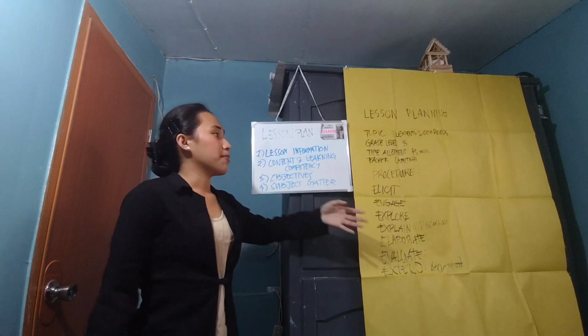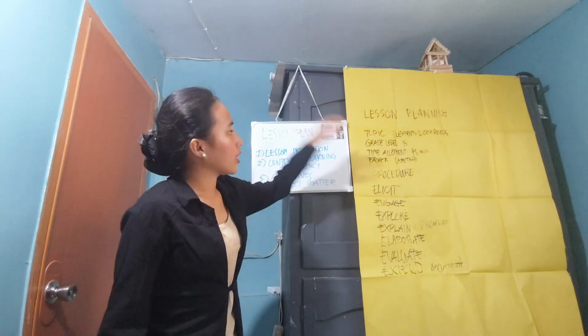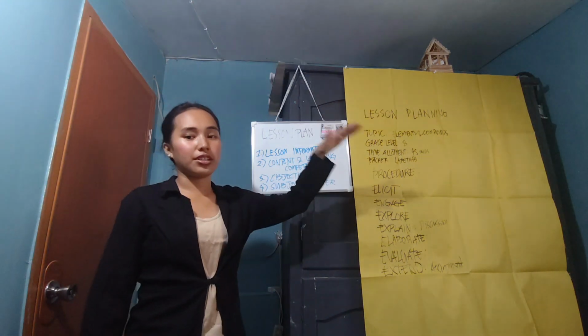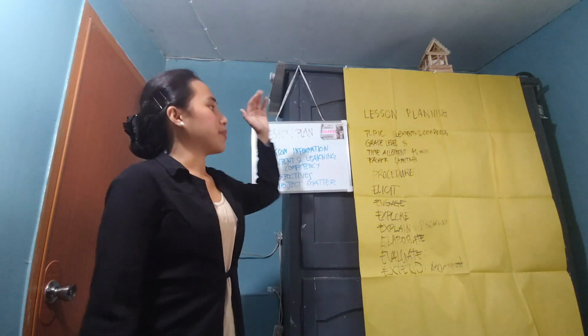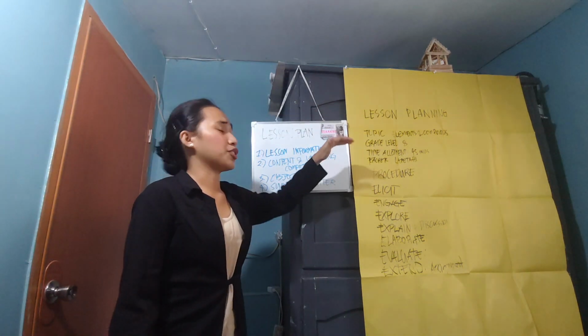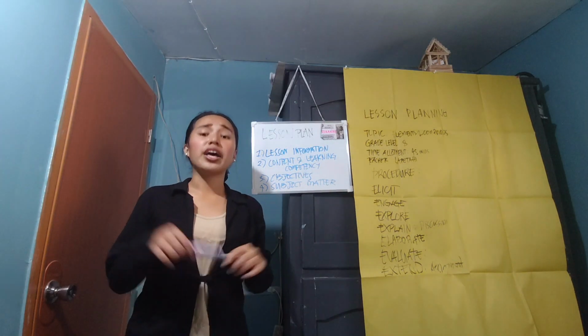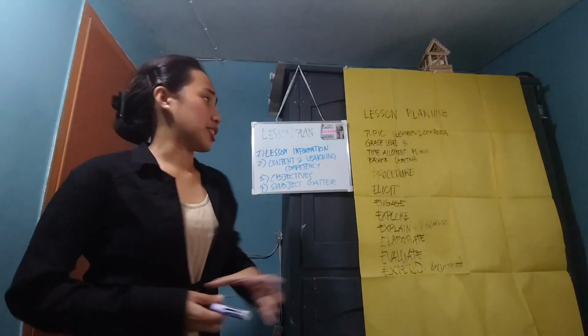It is based on the topic given, elements and compounds, and then the grade level. We have the time allotment, which is 45 minutes, based on the Matatag curriculum as well.